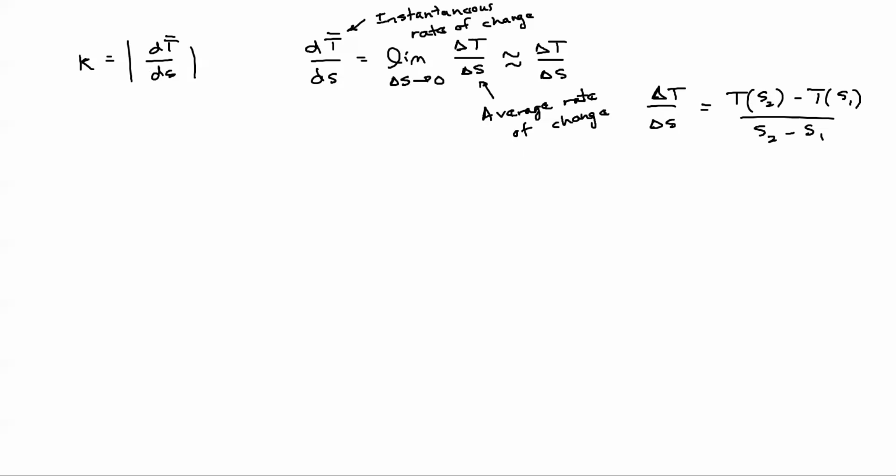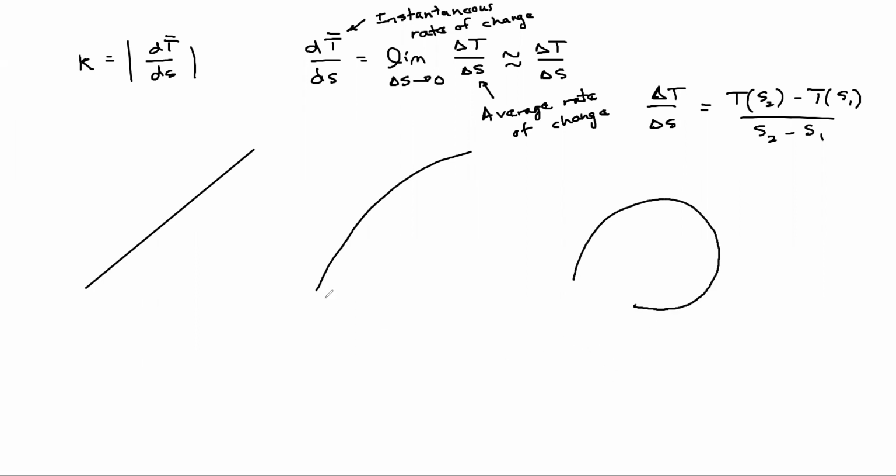The way we can do this is, let's say we have a straight line. Let's say we have a curve with some bend to it, and these are supposed to be the same length. And then let's say we have a curve with a lot more bend to it. In this case, we want to put some points on here.